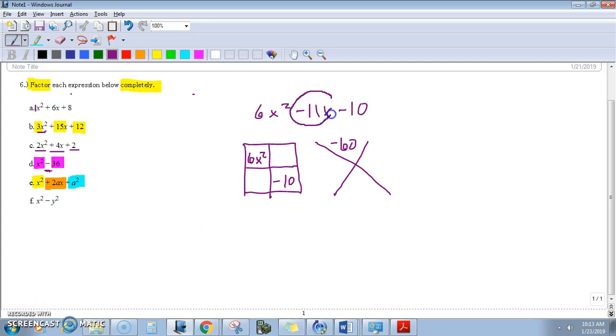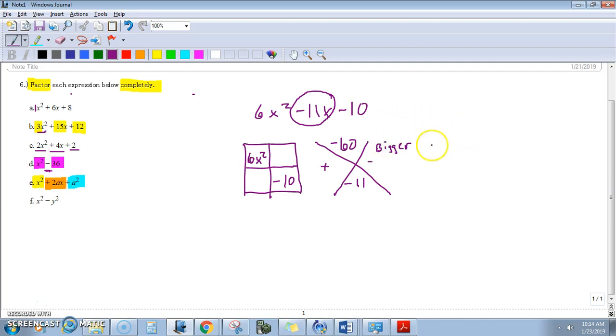And I have to split this up into two different pieces, so I need two numbers that add up to be negative 11. So if two numbers multiply together to be a negative and add up to be a negative, one has to be positive and one has to be negative, and the bigger one's going to be negative. So what two numbers are those?